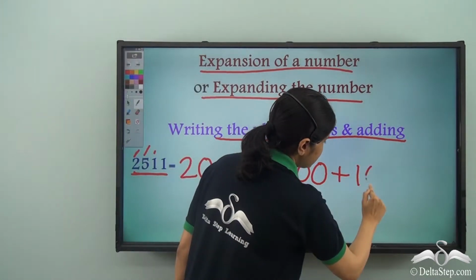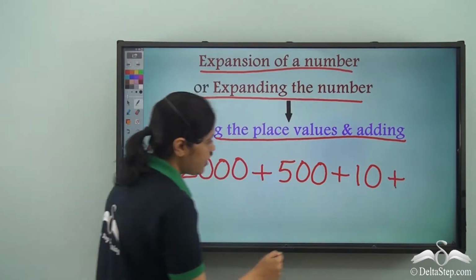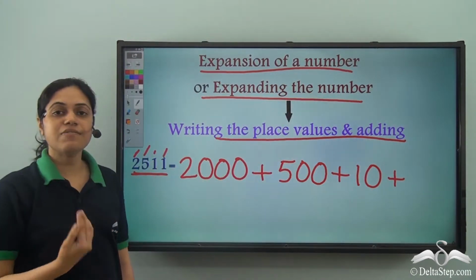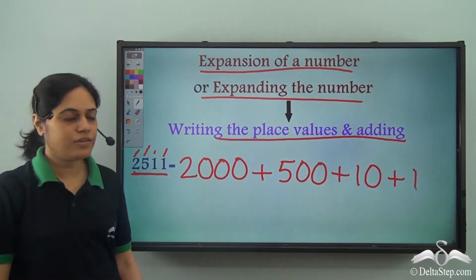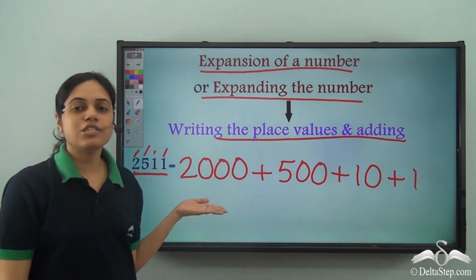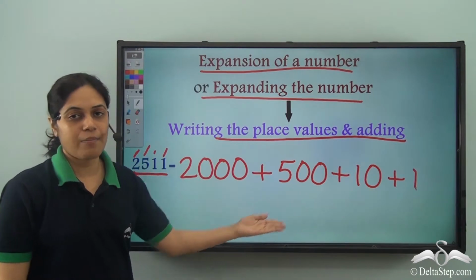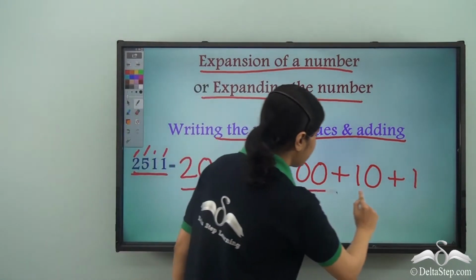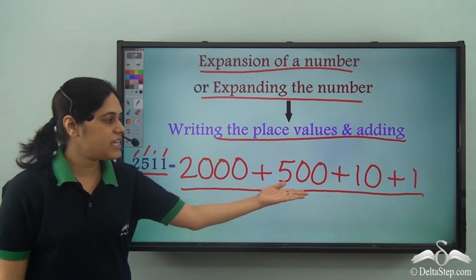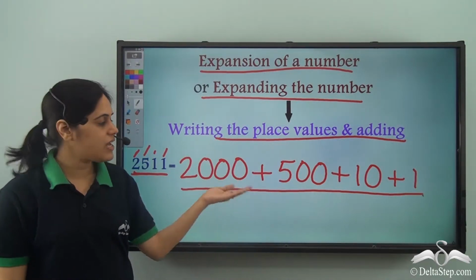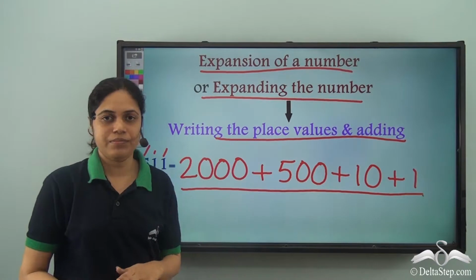So 1 tens means 10, and plus there is a 1 in the ones place. So I have a 1 here. So this is called expanding the number. I have expanded the number 2511 by writing the place values of the different digits and then adding them.